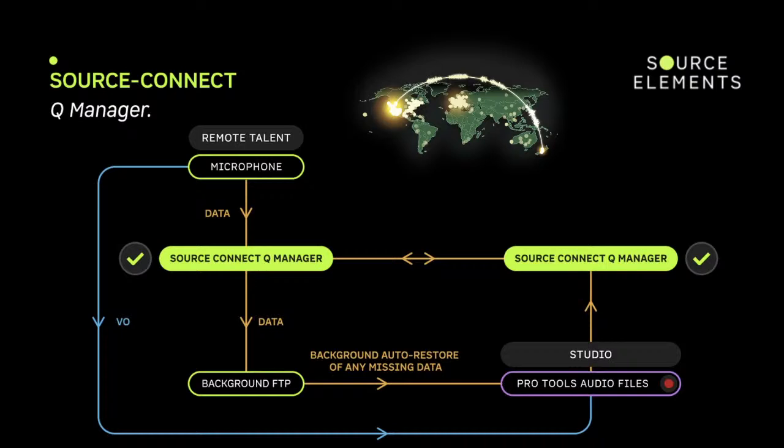So as the audio files arrive, the Queue Manager just above it scans that audio file, and if it finds a dropout, it then asks the talent's Queue Manager, just below the microphone, to send it the missing data. The talent's Queue Manager then sends that missing data over a background FTP. It gets put directly into the audio file, and then that file is healed essentially, so it's dropout free at that point.